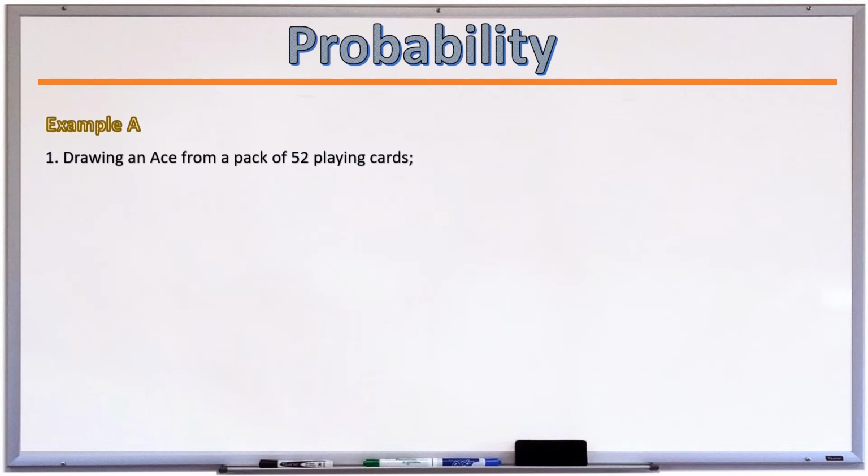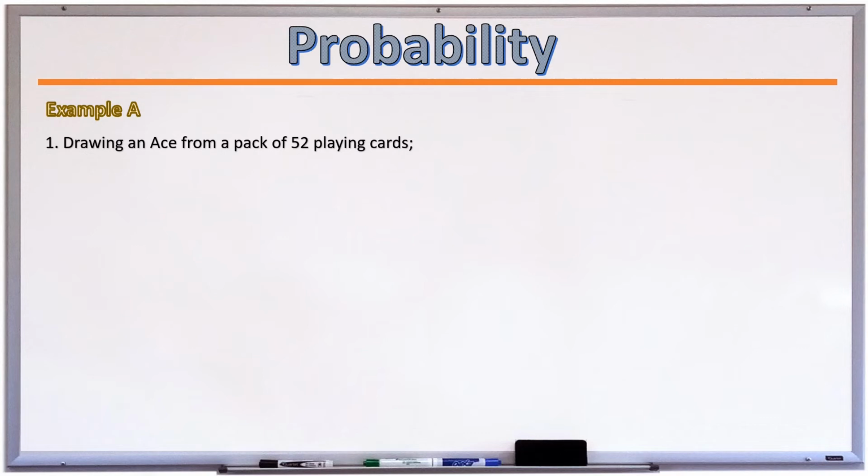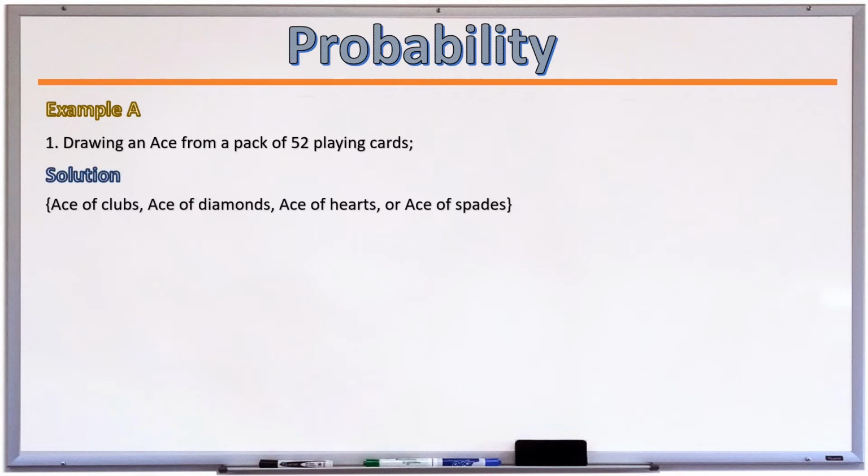Solution. Part 1. There are 4 aces in a deck of 52 playing cards. Therefore, the event can occur in four ways: an ace of clubs, an ace of diamonds, an ace of hearts, or an ace of spades. The experiment of drawing a single card from a 52 card deck has 52 outcomes.